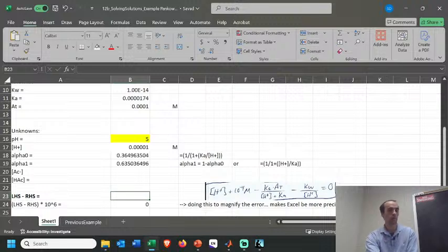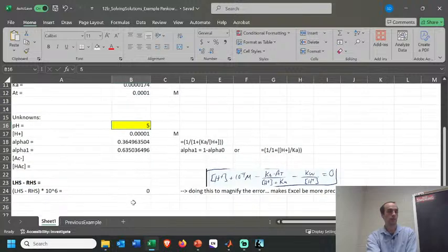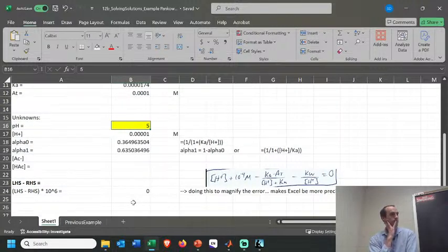Okay, and you're saying when you changed this from 2 to 5, what changed? The left-hand side minus the right-hand side. Okay. Changed from 1 to the negative 1 e to the negative 2.